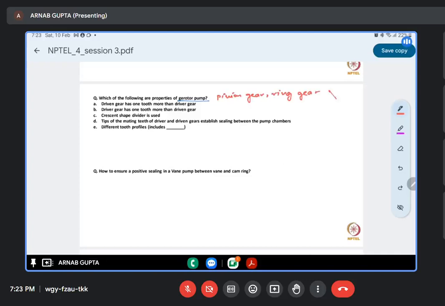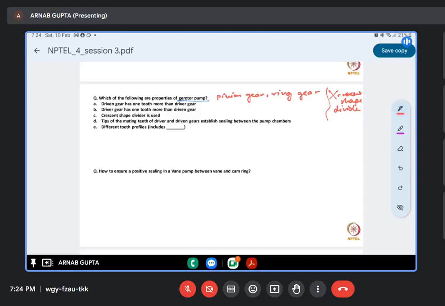But in this case, there is no crescent shape divider. So why was this crescent shape divider used? It acted as a seal between the pressurized outlet port and the lower pressure inlet port.